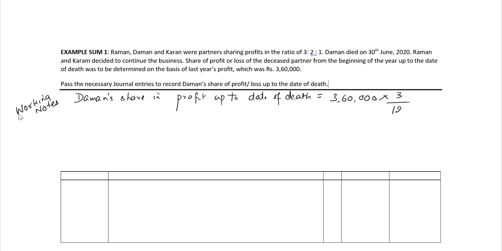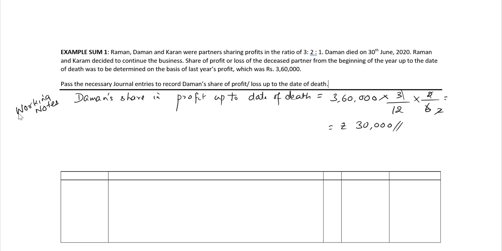So that's 3 divided by 12. And this we will multiply with Daman's share in profits, which is 2 divided by 6. So we get rupees 30,000.